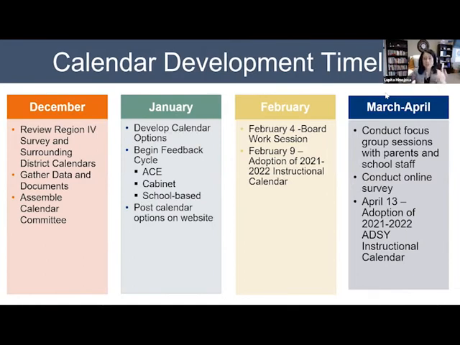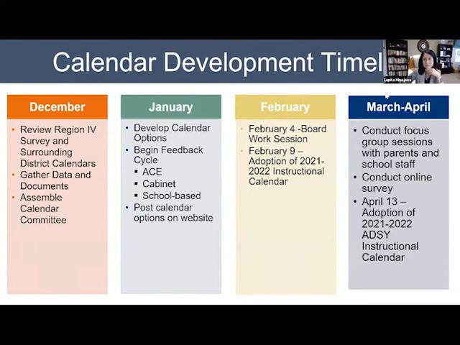officially, on the books in December, although we start the process much earlier, having the conversations. But in December was when we brought our committees together. We have a very robust process to adopt a calendar here in Spring ISD that includes a calendar committee, but also our superintendent's advisory committee. We call it our ACE committee.